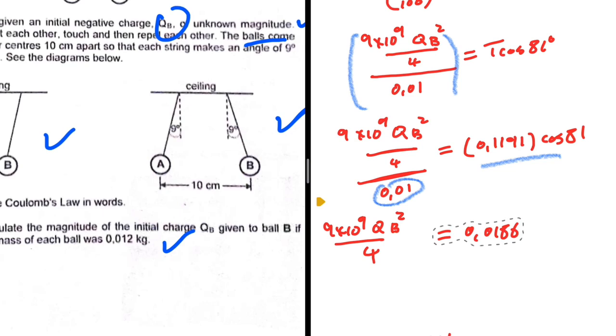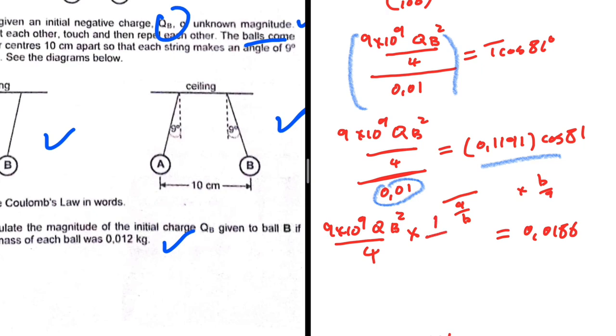Let's just take these to the right just a little bit, and then multiplied by, so initially if you're dividing by a over b, when you change it to multiplication, you just multiply by b over a. So here we had 0.01 over 1, and now we're going to have 1 over 0.01.